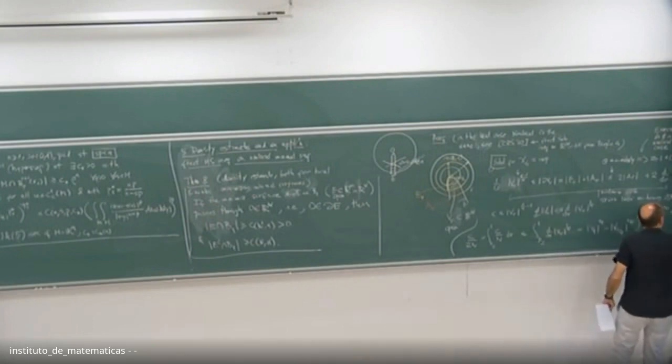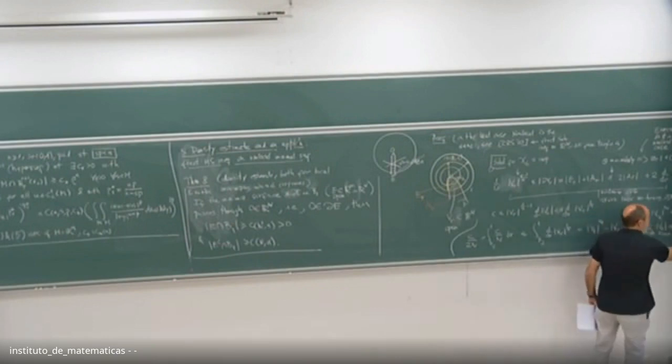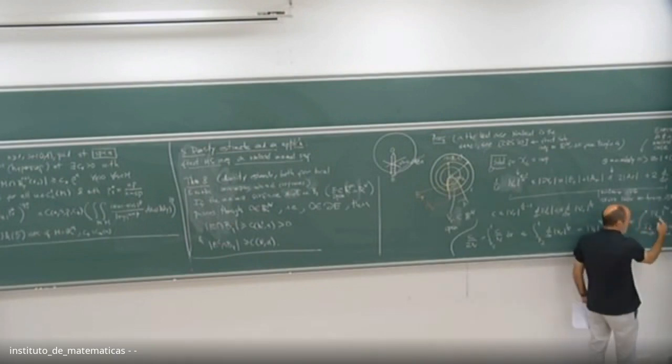If this is small enough, is universally small enough, then this is negative, and therefore, in fact, this must be 0.